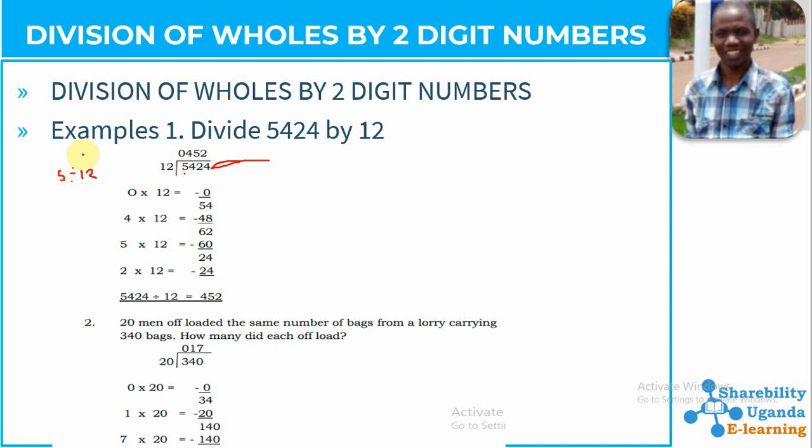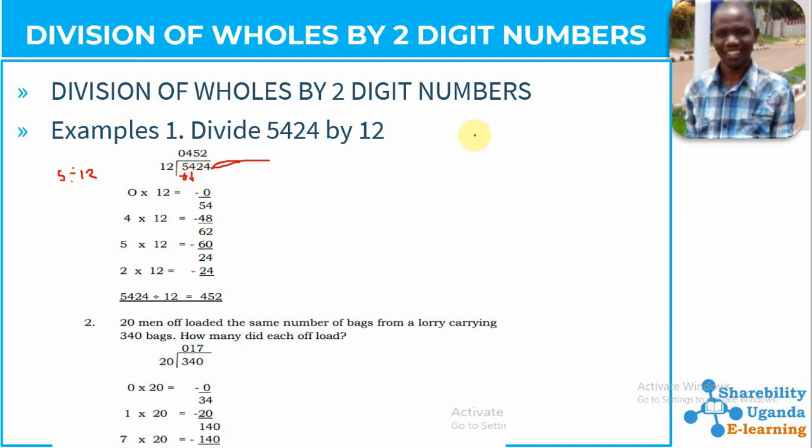You can't divide a small number by a big number. So when it is impossible, you have to put a 0. Then we say 0 minus 5, it is going to be 0 minus 5. This is the one they got. So it still remains 5. So now we bring out our 4 here.